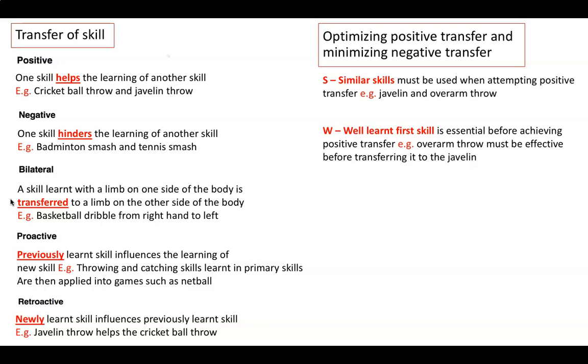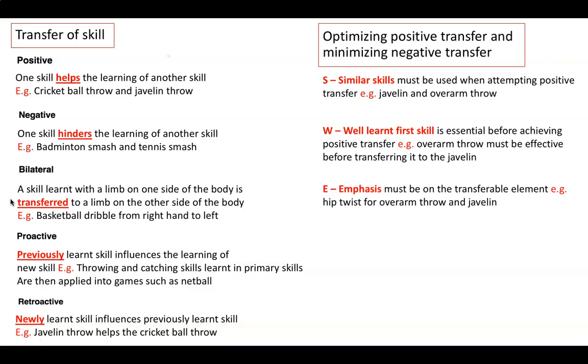The overarm throw is very similar to the javelin throw, a similar skill, and you need to ensure that it is a well learnt first skill, i.e. the overarm throw is well learnt first, so that it can transfer positively. It can help with learning the new skill of the javelin throw.